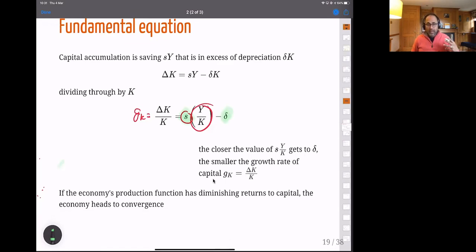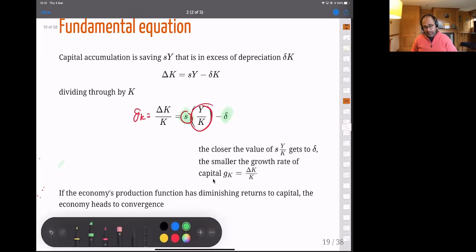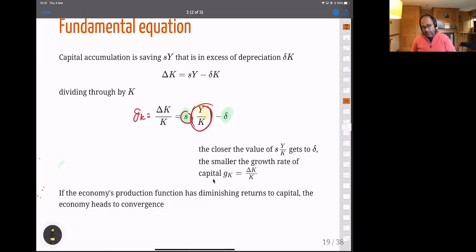So the only thing that's actually moving and creating the dynamic is the Y by K. As you add more capital, capital is less productive, less capital is left over, so the growth rate of capital stock goes down.